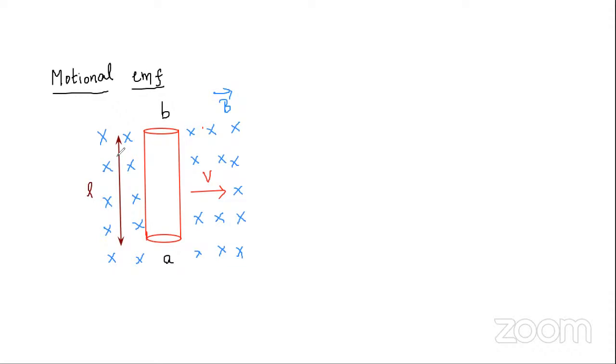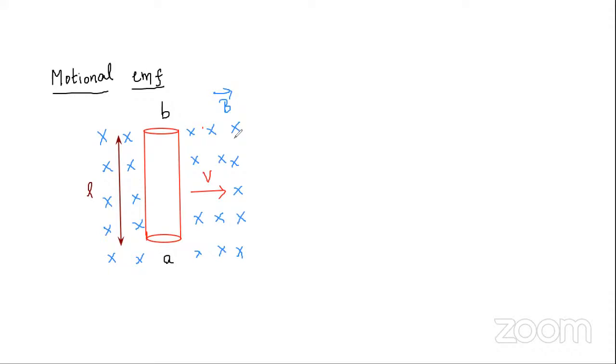So here this conductor or rod moves with a constant velocity v in a direction perpendicular to the magnetic field represented by the blue cross marks. The magnetic field is perpendicular to the velocity and directed into the screen, into your laptop or phone screen. You should imagine it in 3 dimensions, directed into the screen. Now this rod is moving.